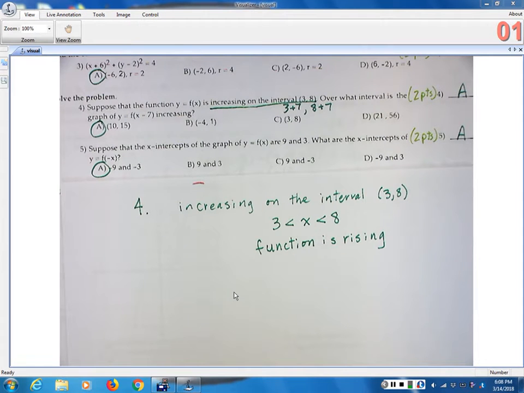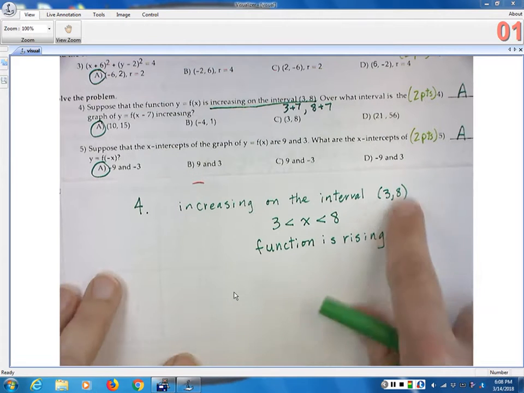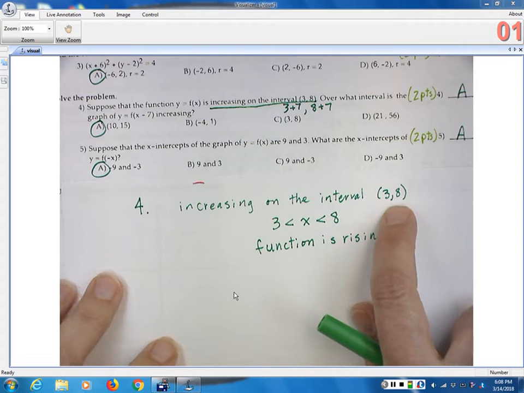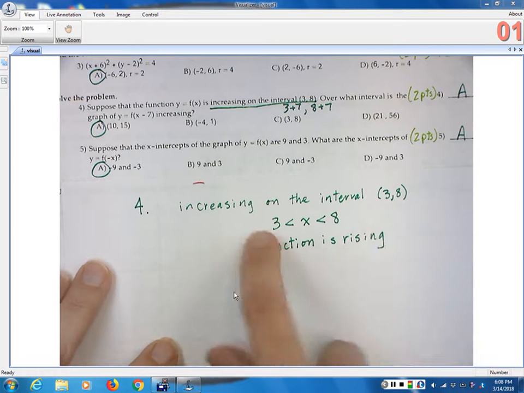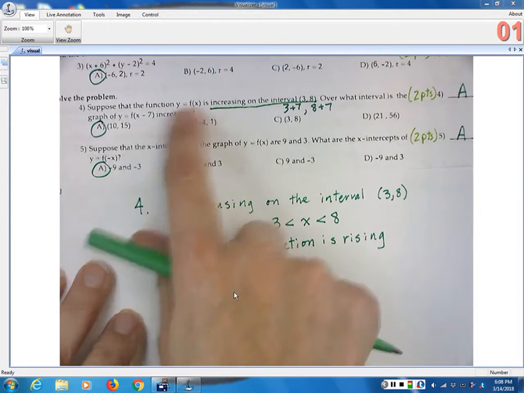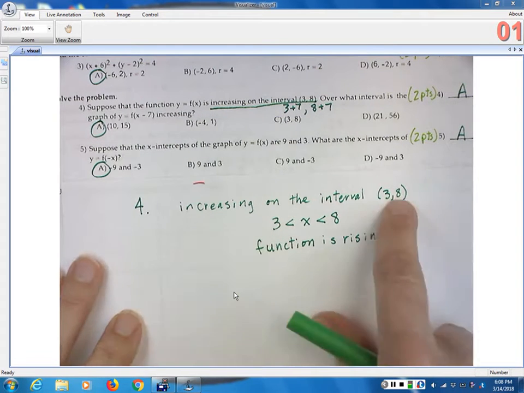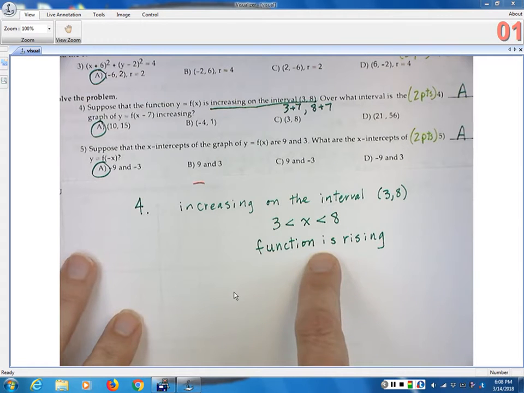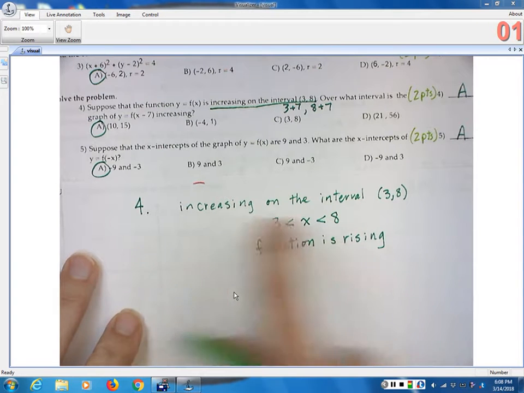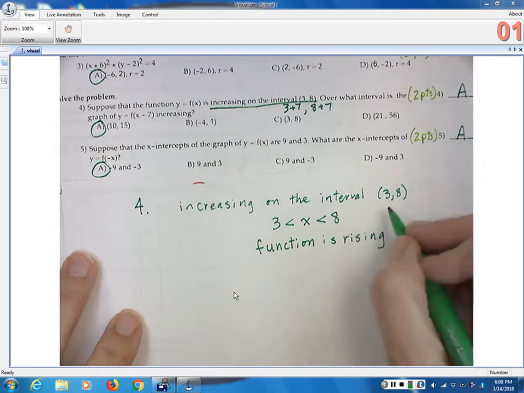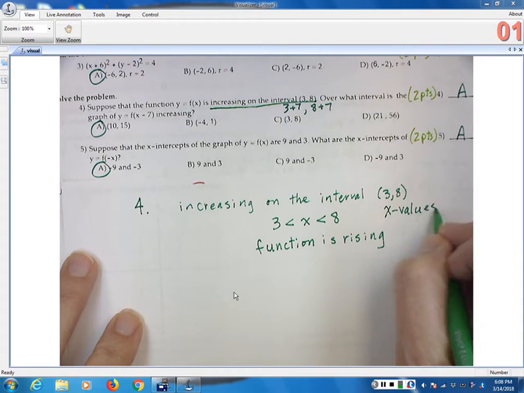So these were both x's, not x's and y's. You had to understand what that meant: that the function's rising, and these are x values. This is not an ordered pair, they're x values.